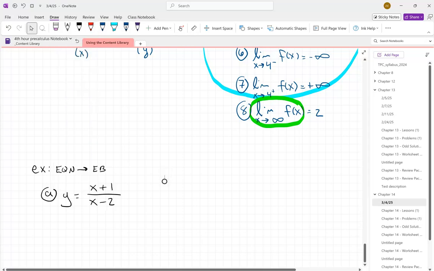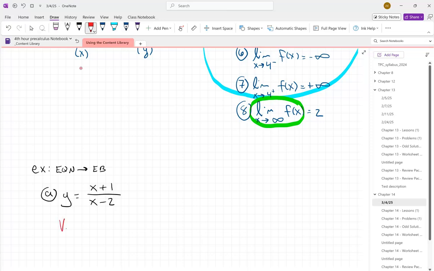Now, I'm going to do this problem as if I don't have a graphing calculator to just type this in and look at the picture and do it the same way we did the previous one, which is fine. You can still do things that way. But I want to show you also how you would do it without having to look at the graph. So the two things that I need before I start this problem are my vertical asymptotes and my horizontal or slant asymptotes. Everybody's okay with that?